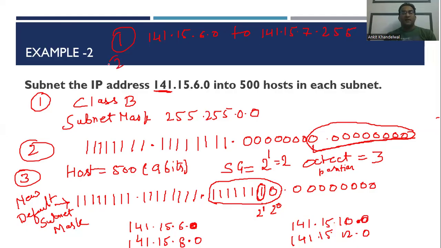Similarly, the second network is starting from the IP address 141.15.8.0 to 141.15.9.255. So in this way, we are going to find out the network ranges. So we have divided each network into how many hosts? Into 500 hosts. So in this way, we have this particular example.